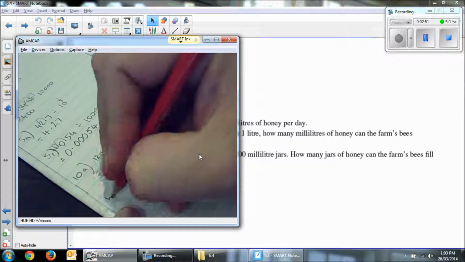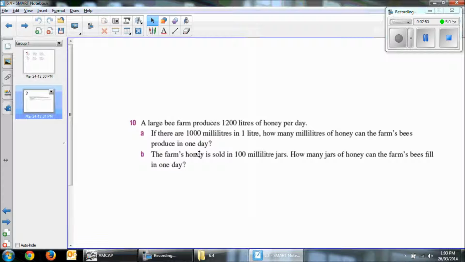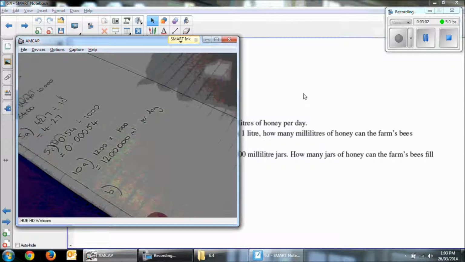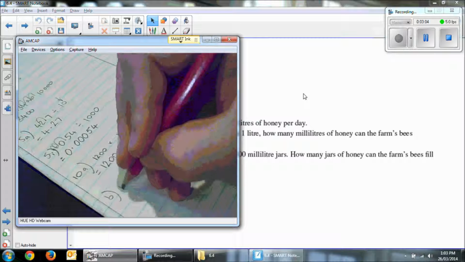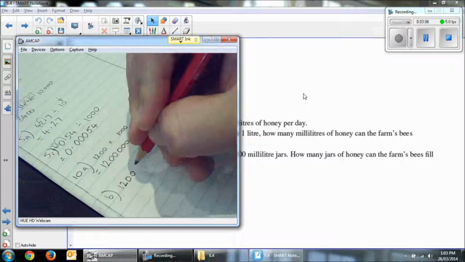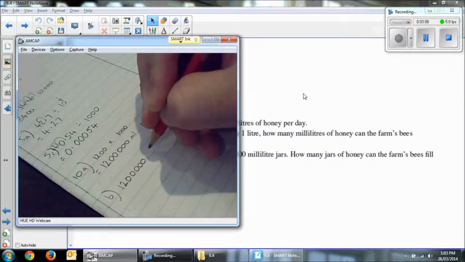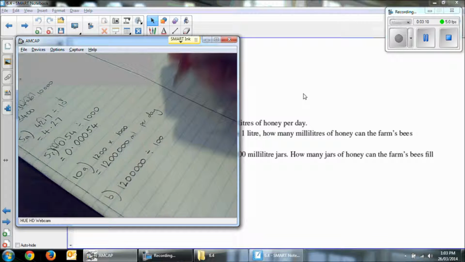Okay. Now B says the farm's honey is sold in 100 millilitre jars. How many jars of honey can the farm's bees fill in one day? Okay, so here we're going to take this figure and we're going to divide it by 100.